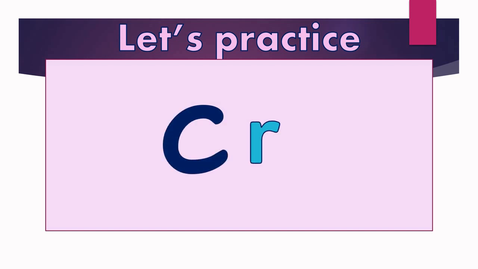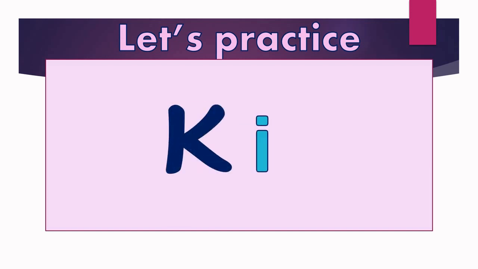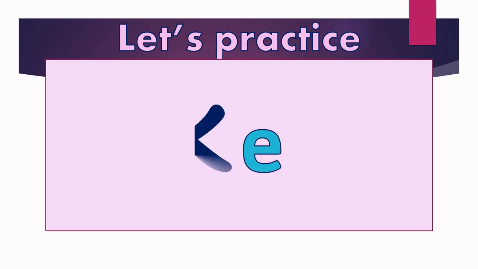If C is followed by R, then C sounds K. If C is followed by T, then C sounds K. If C is followed by N, then C sounds K. Now, K followed by I, then K sounds K. And K followed by E, then K sounds K.